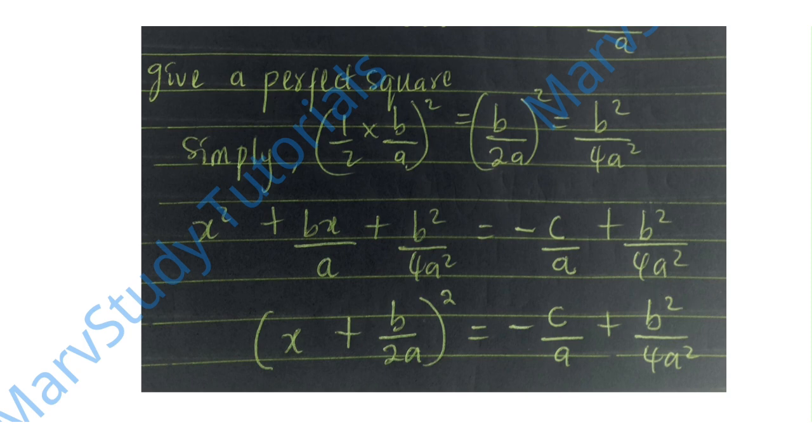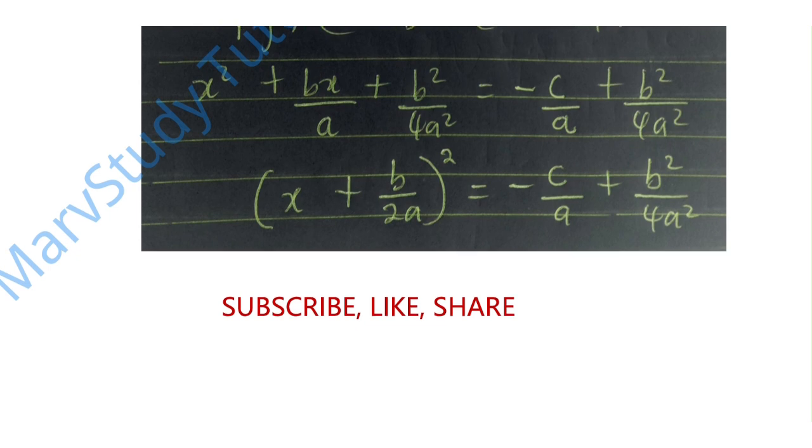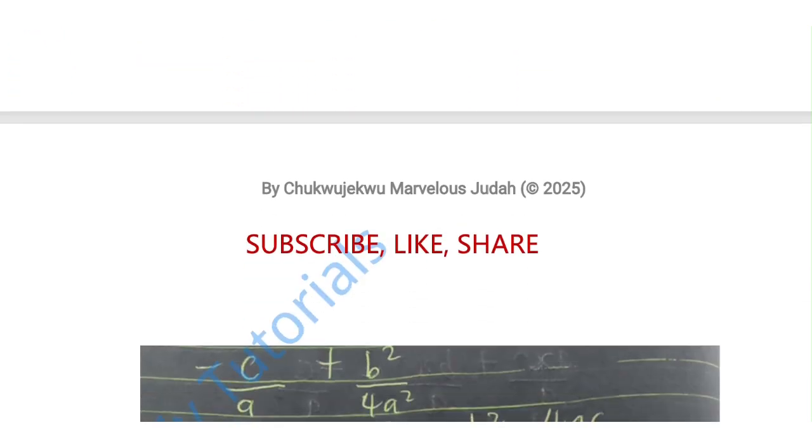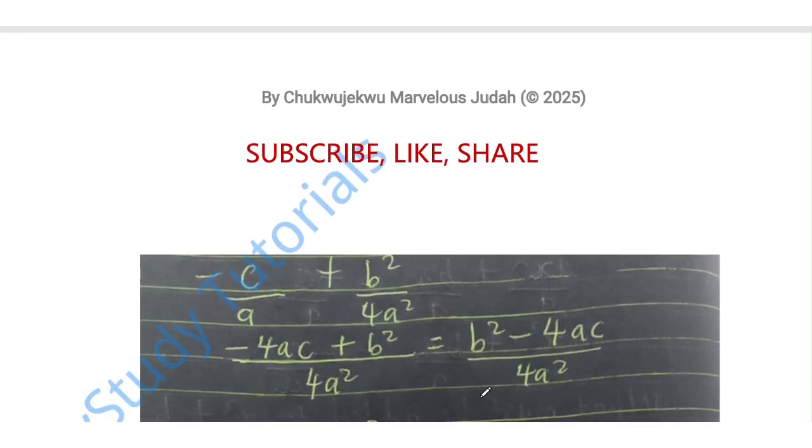All we need to do is to get the LCM, and that's simply 4a squared. 4a squared into a gives us 4a, times the negative c on the numerator, and that's going to give us negative 4ac. Then 4a squared divided by 4a squared gives 1, and 1 times b squared is a positive b squared.